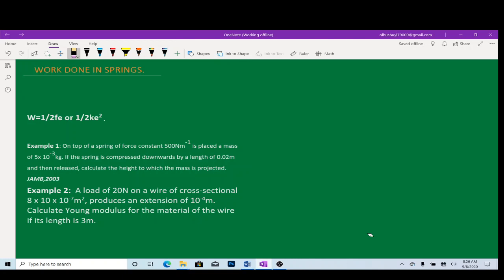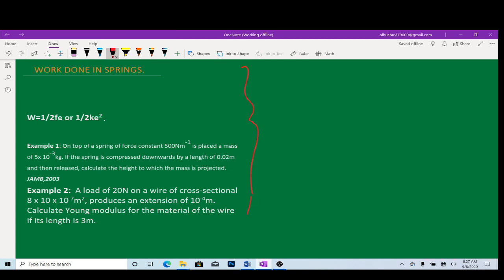Quickly today we'll continue with elasticity. Another elasticity topic we'll be considering is the concept of work done in springs and elastic strings. It can be springs, it can be strings, but they are elastic ones. So, what is work done in them?